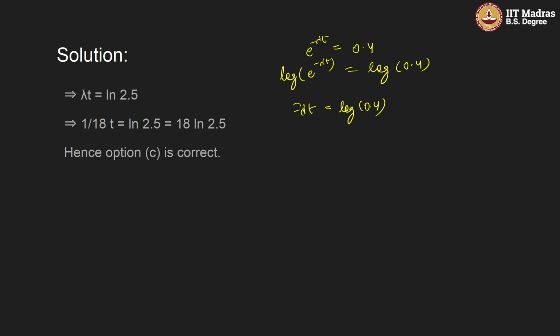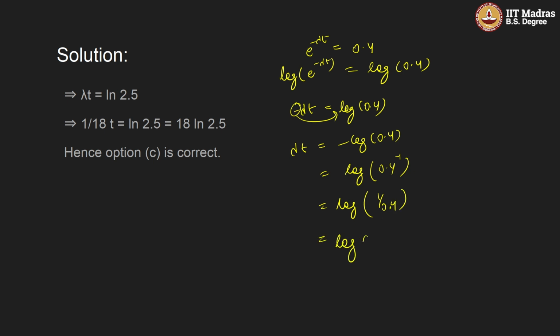Now I can take this minus sign here. So lambda t equals minus of log 0.4. I can write it as log 0.4 raised to the power minus 1, I can write it as log 1 upon 0.4. So log 1 upon 0.4 is log 2.5. So lambda t is equal to log 2.5.